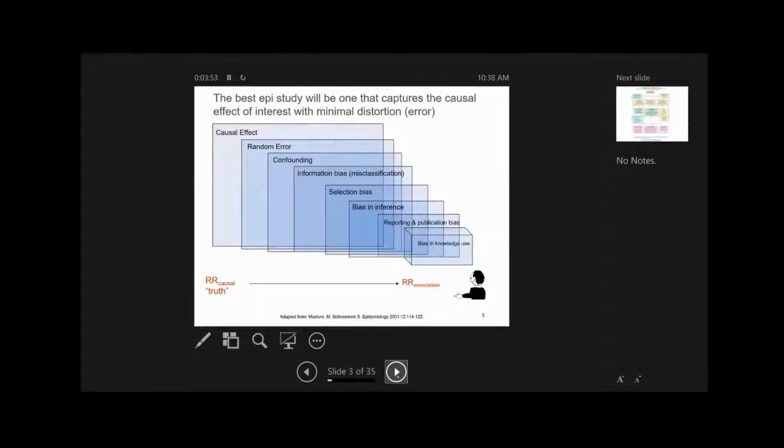And often the decision to use one study design over the other is a factor of how much money we have, how much time we have, and resources, and so on and so forth. Okay, but the best epi study design is one that will capture the causal effect of interest with the minimal distortion. Okay, a good study design will have thought through all of these problems that can deviate you away from the true causal effect.